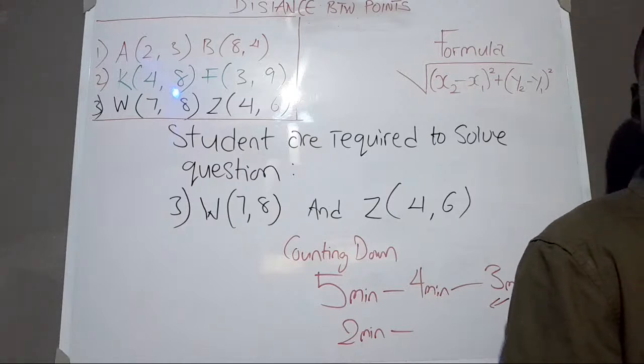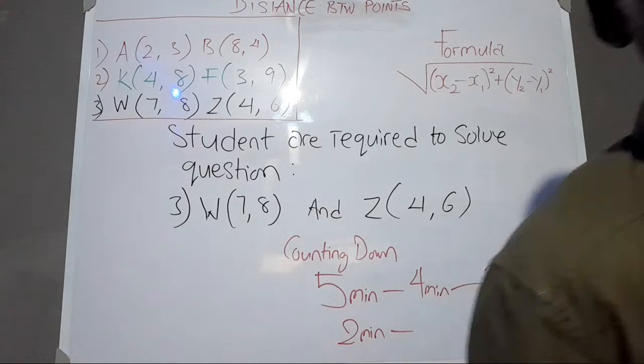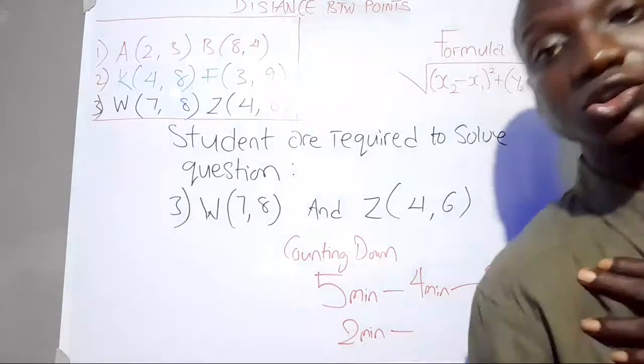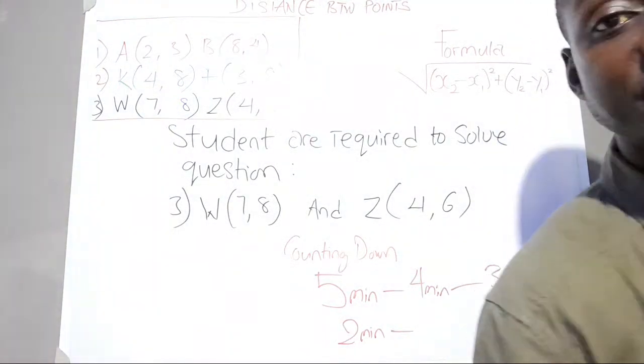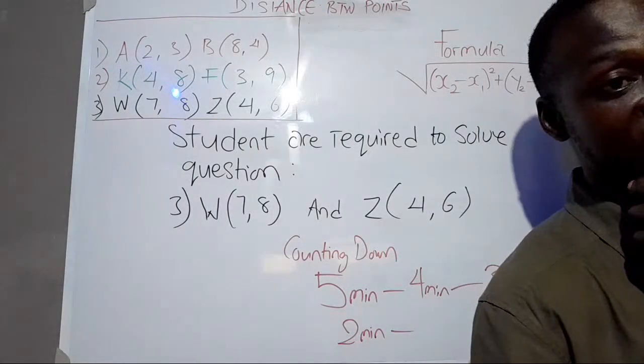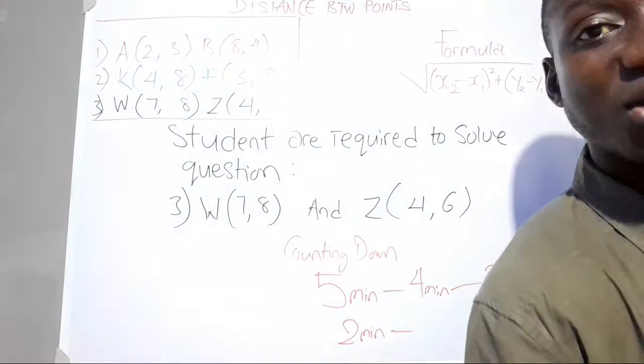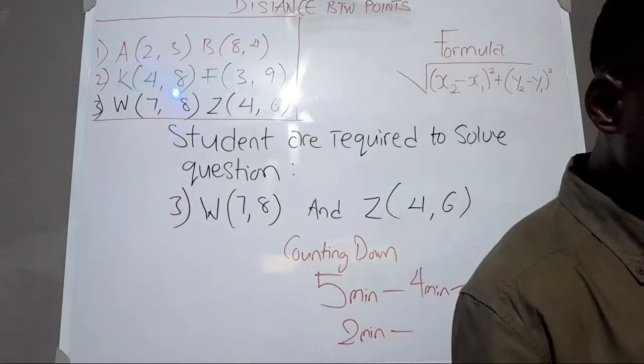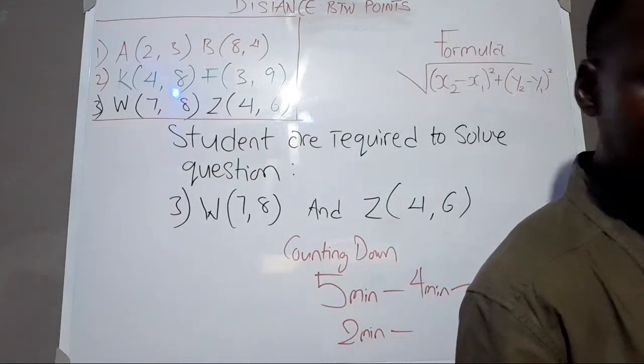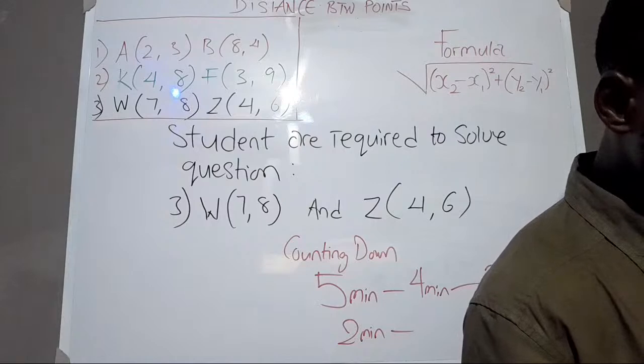I believe by now we should be all close to done solving this question already. I mean, it's a very simple and straightforward question. It's just that you have to be very careful when you're plugging in the formula. So be careful so you don't mix things up.